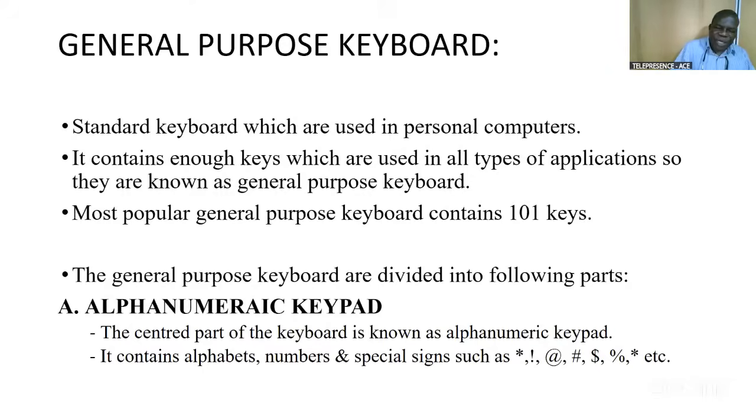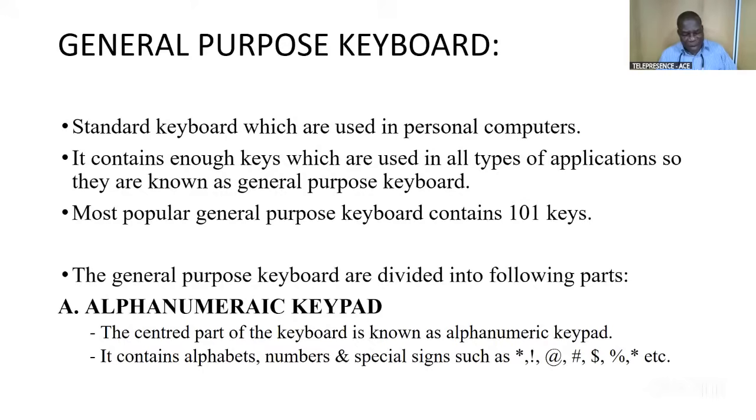The general purpose keyboards are divided into two parts. First part, alphanumeric keypad. When we say alphanumeric keypad, it means it contains alphabets and numbers. This centered part of the keyboard is known as alphanumeric.